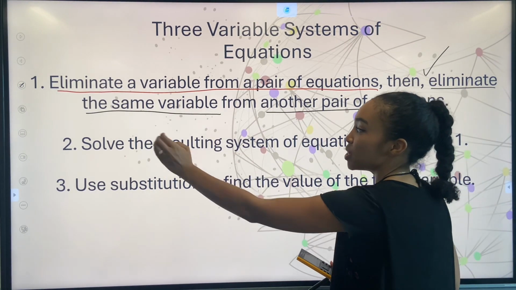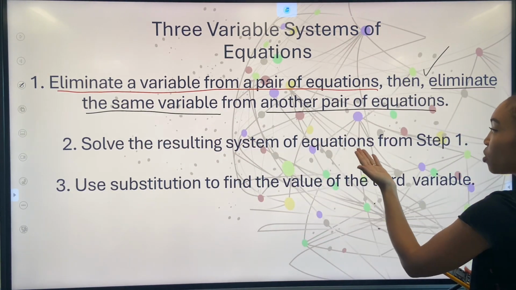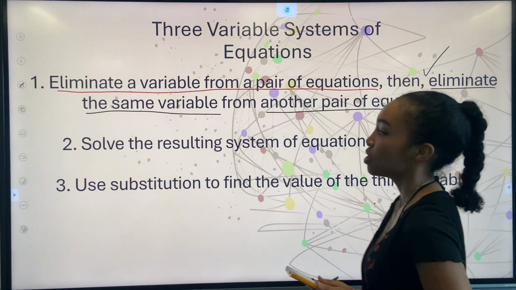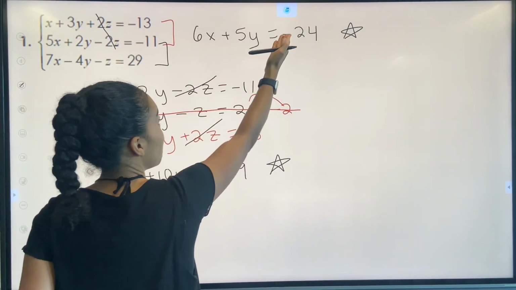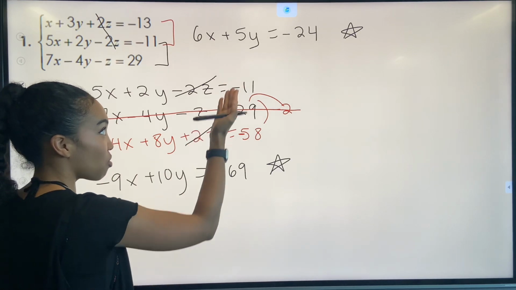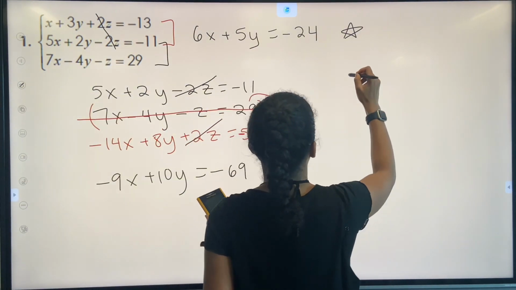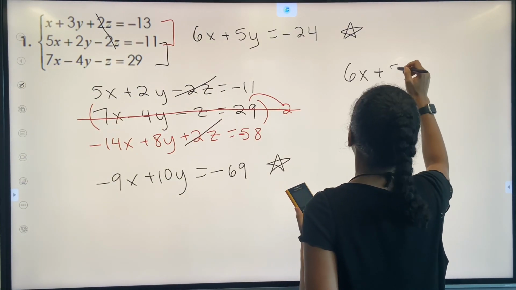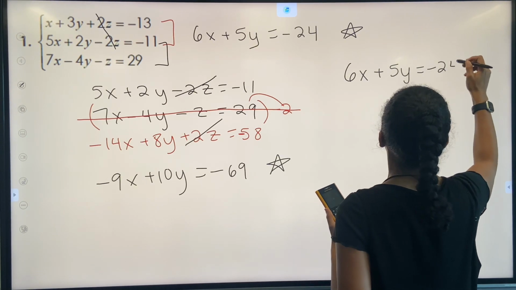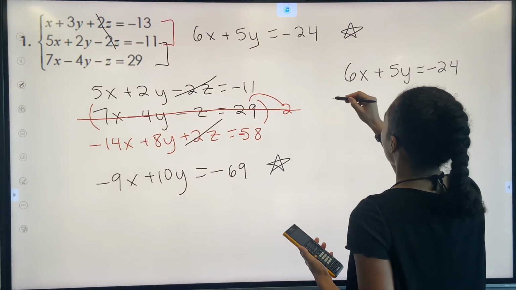Now, step 2 is solve the resulting system of equations from step 1. So these are my two equations. I'm going to solve this new system. So I have 6x plus 5y equals negative 24. That's this one, and this one down here.